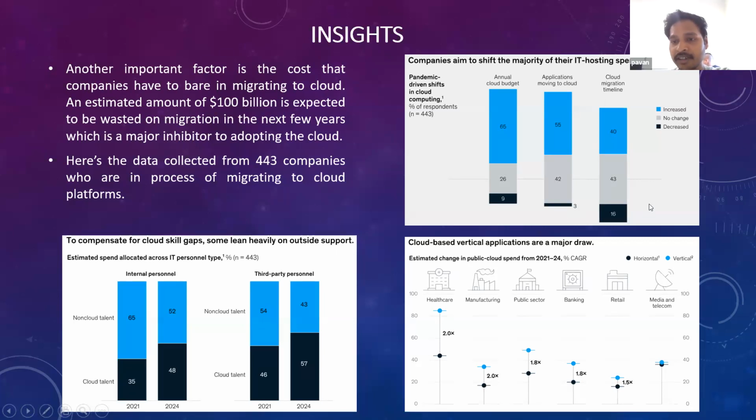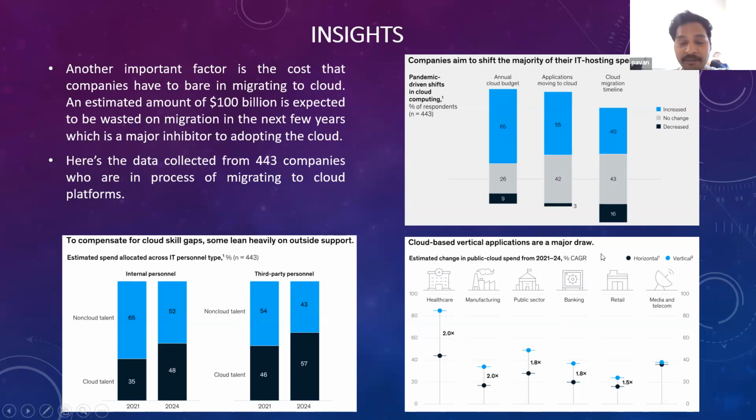And 16% of the companies actually migrated to the cloud quickly. And when it comes to the type of applications, organizations having vertical applications are mostly interested in shifting to the cloud. Vertical applications are applications that help the organization to work internally.